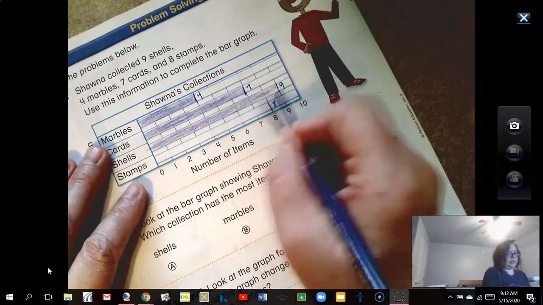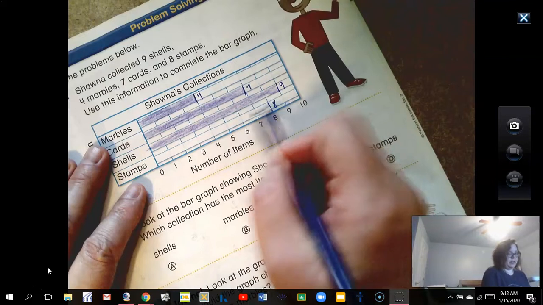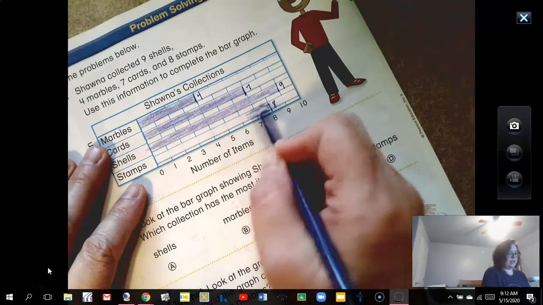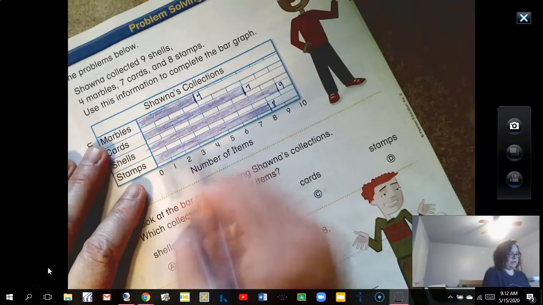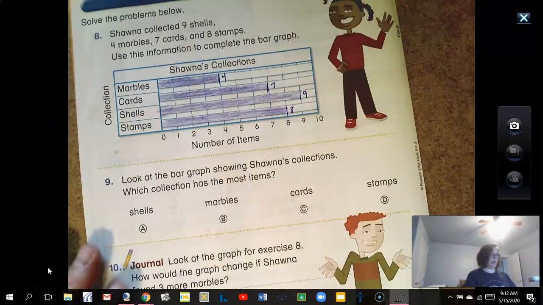Hopefully you're coloring in at the same time. If you take a little longer, you just pause it. All right. So we're all set with that.